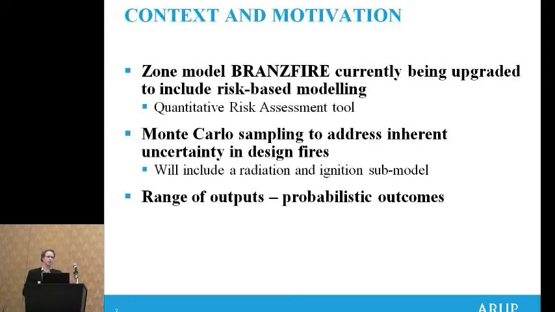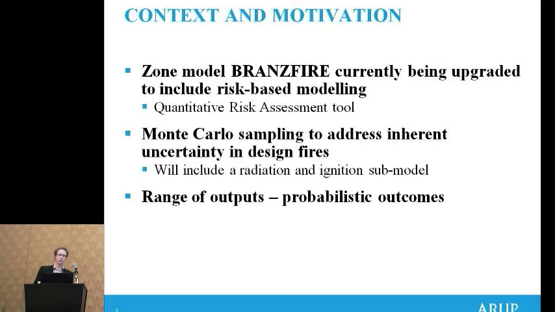So create a range of design fires which will then translate to a range of outputs, giving the user an overview of the probability distributions of what we're likely to see as the outputs, because it's never going to be just one given answer. Obviously noting the limitations that a zone model has.